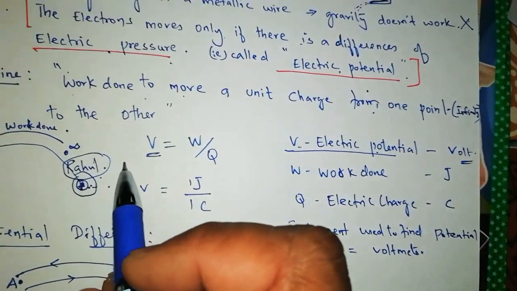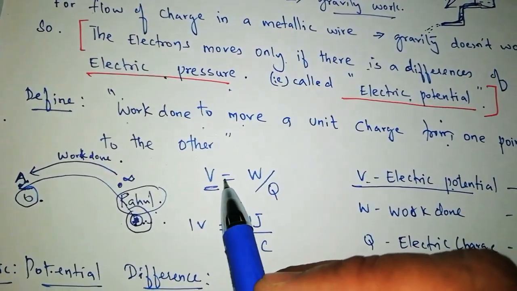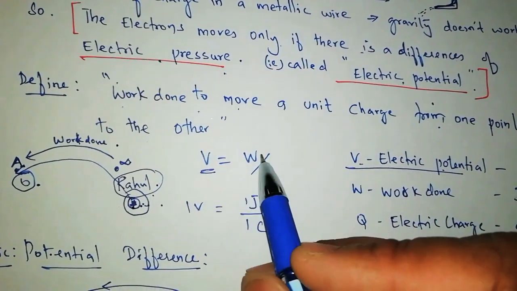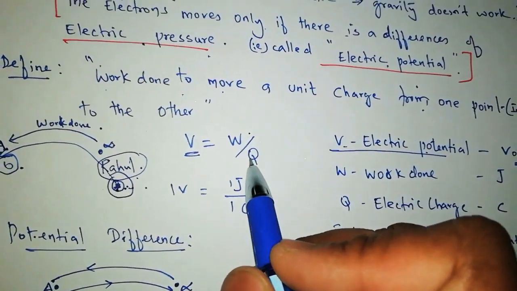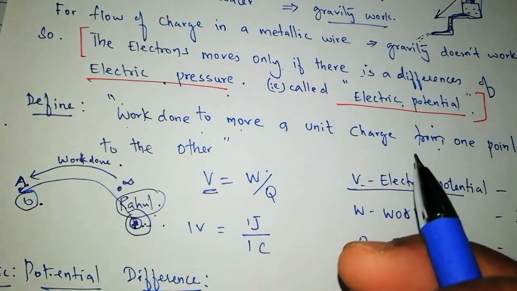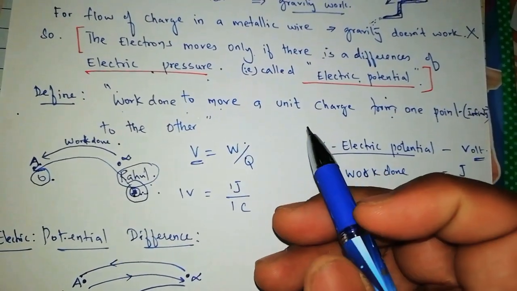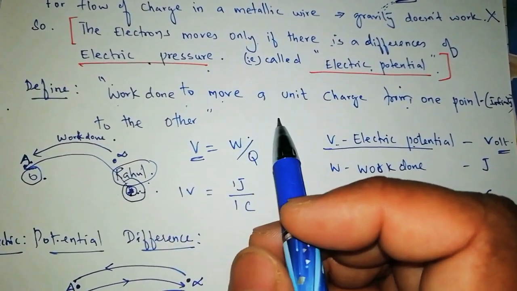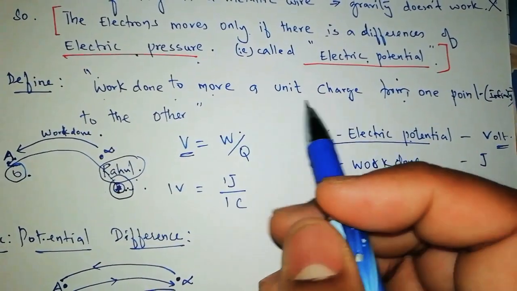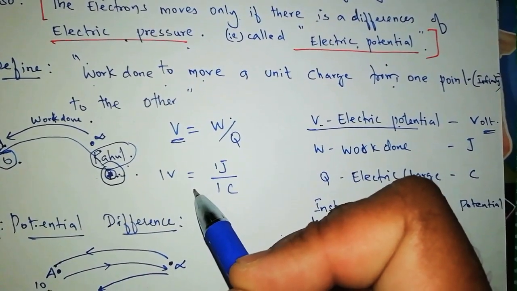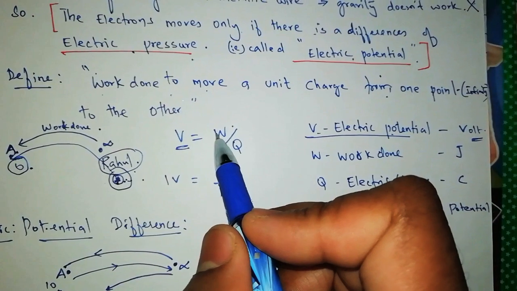And so how can I say that some work is done, right? Some work has been done by moving a unit charge from one point to another, right?